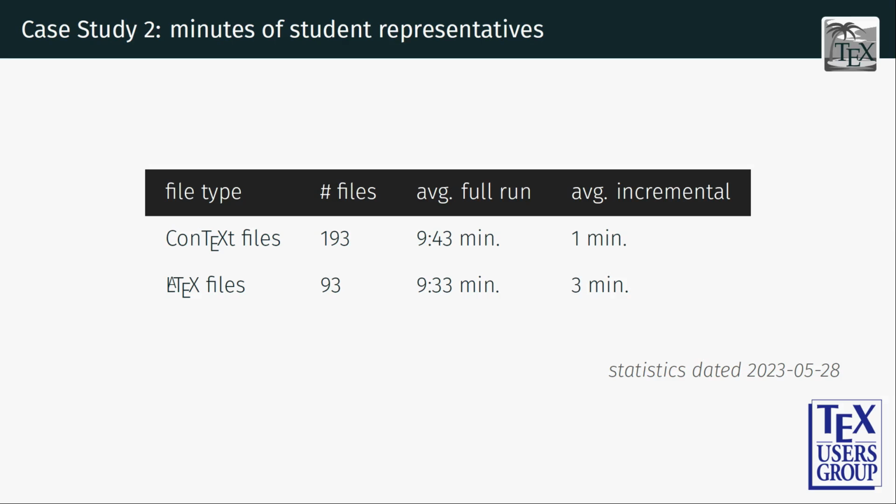But the interesting part is the incremental build time, which is basically: you have a newly recorded session, you push the minutes to the repository, and it's basically one document that is to be compiled. And for one document, you see quite a difference. Now, some of you may guess what the culprit could be.